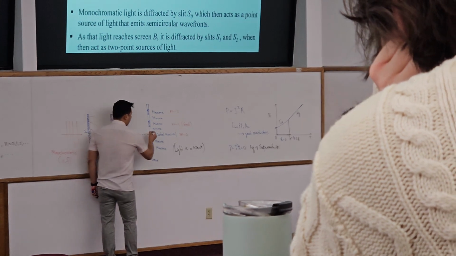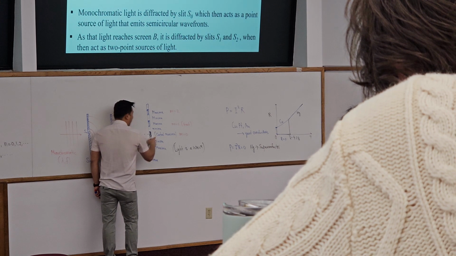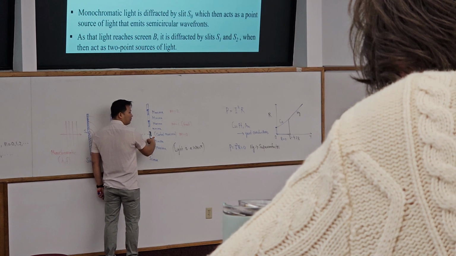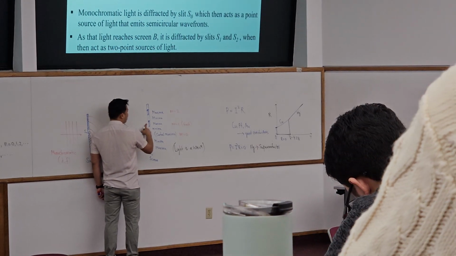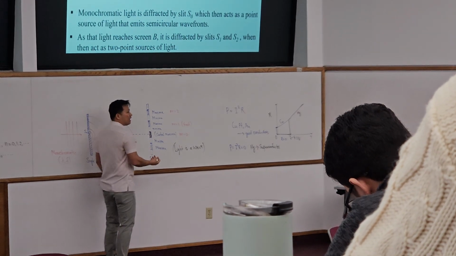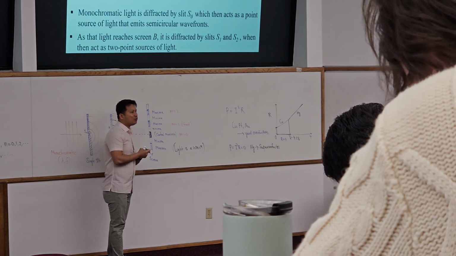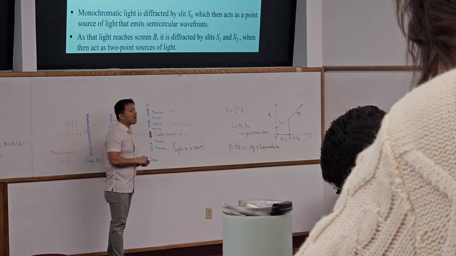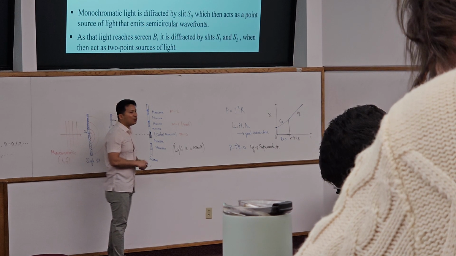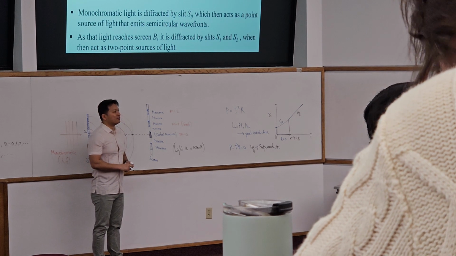If you have a constructive interference, then the wave has a maximum over here. If you have a destructive interference, you have a minimum. Because light can be a wave, and the wave has a property that it can have a maximum and minimum depending on whether you are in a constructive or destructive phase.